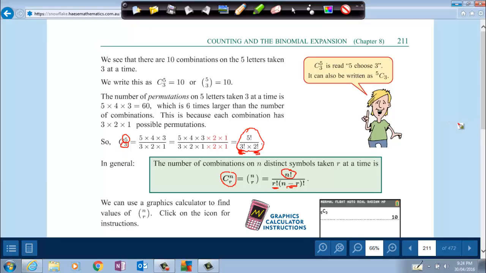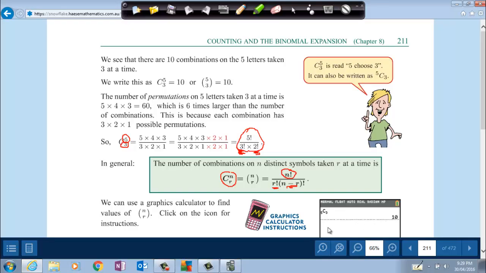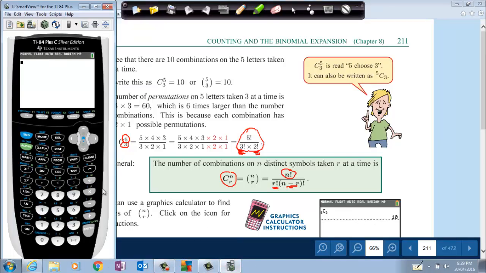Now this can be done on the graphics calculator. To do this on the calculator, you've got to put the n in first. In this case it's the 5. Then you've got to find the nCr, which is in math, and you go over to prob, standing for probability, and you can see the nCr sitting at number 3.